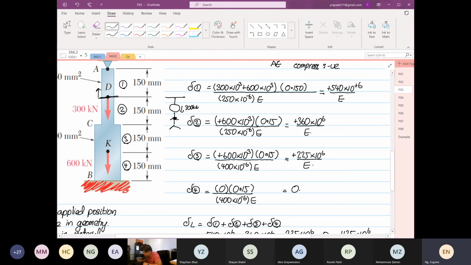Your hands won't feel the 300. The 300 is only felt at the neck. I'm just applying the hangman theory, but it will feel the 600, yes or no? Right, at section 2. So that's the only reason.